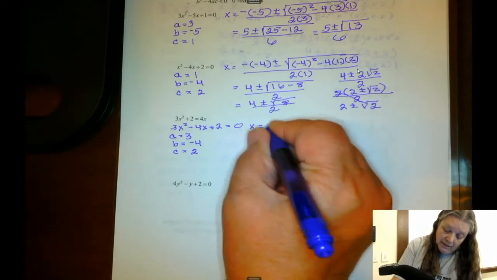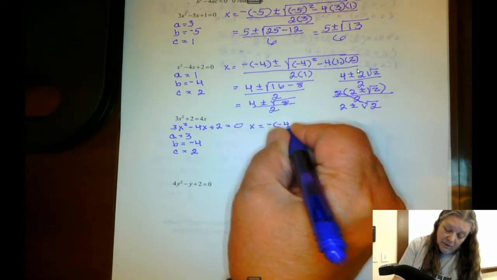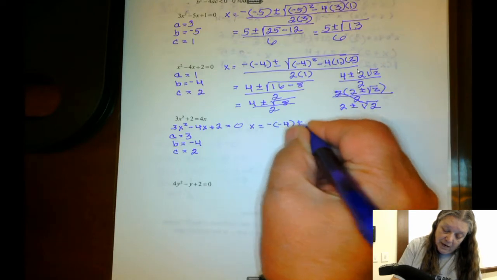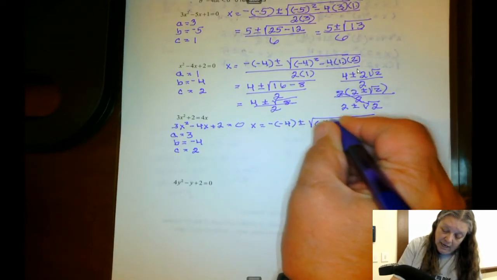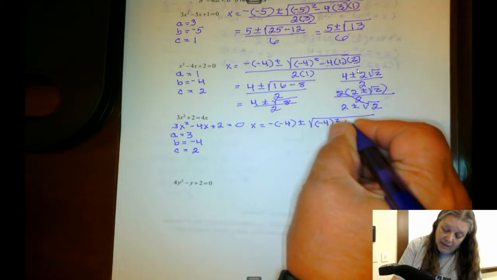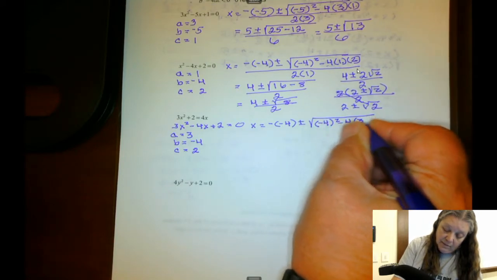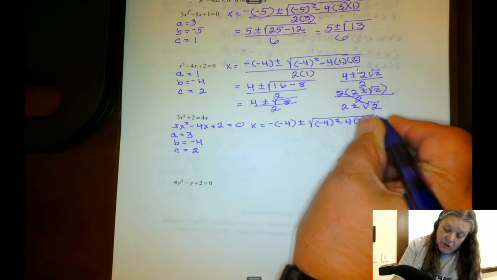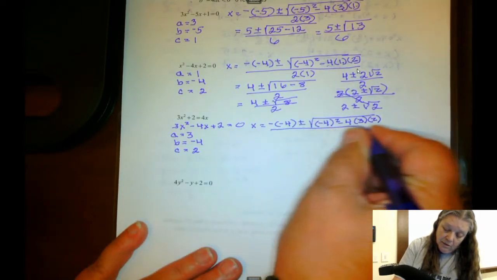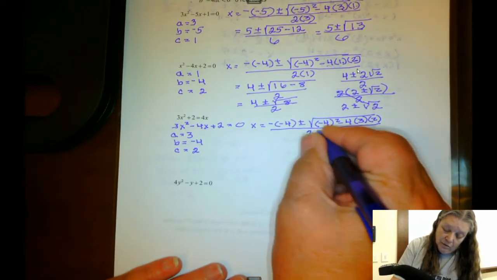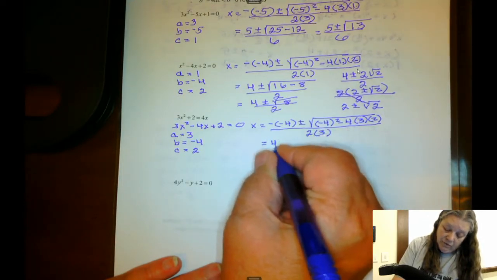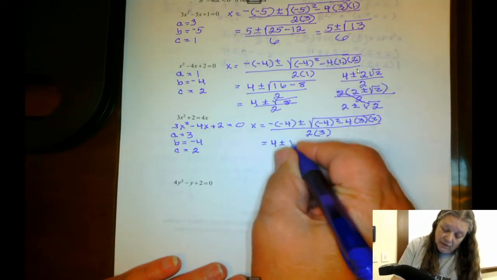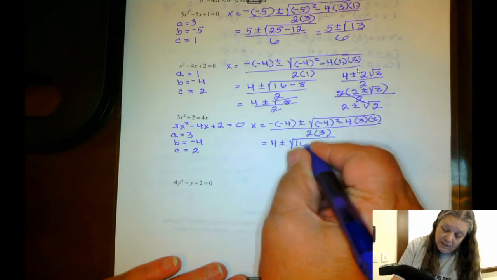So x is minus negative 4 plus or minus the square root. Negative 4 squared minus 4 times 3 times 2 over 2 times 3. This gives us 4 plus or minus the square root of 16.